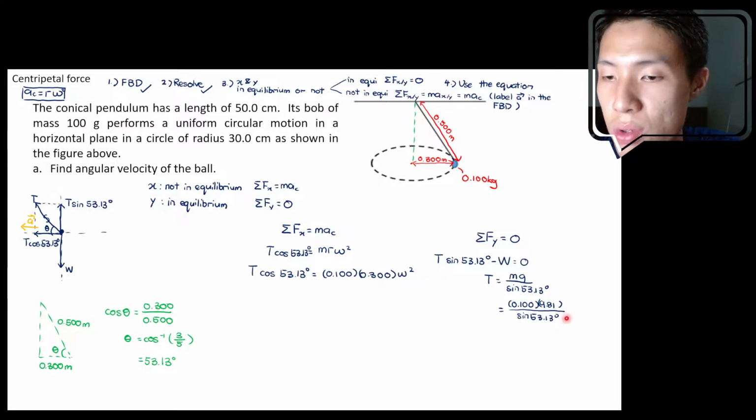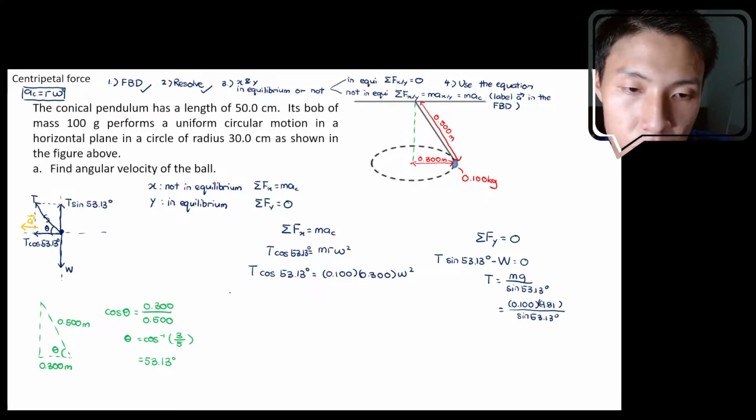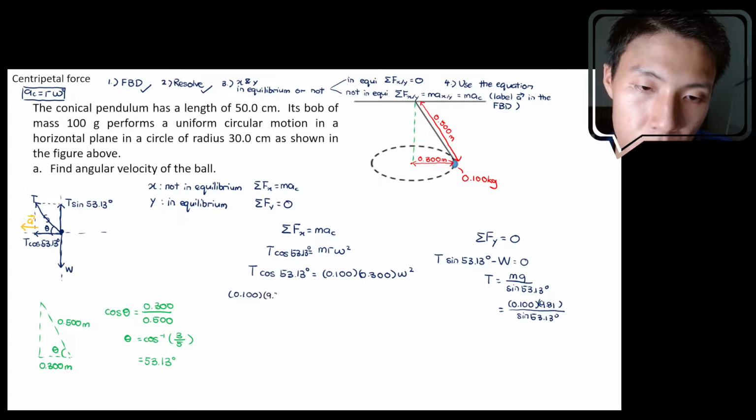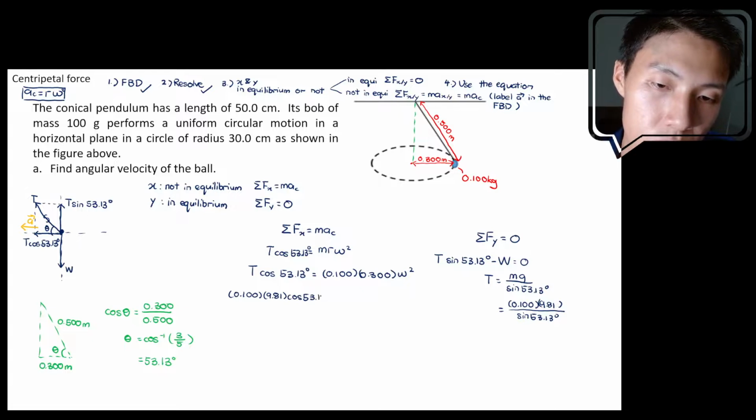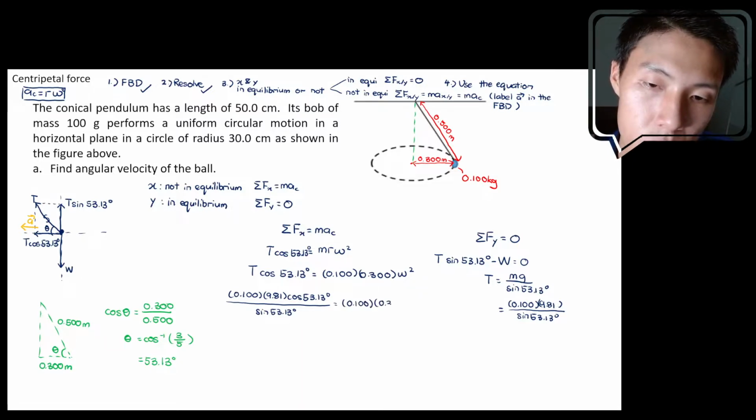So we substitute this bundle of brackets over here, bringing it inside to replace the tension. So that will be 0.100 times 9.81 cosine 53.13 degrees divided by sine of 53.13 degrees equals 0.100 times 0.300 omega squared.